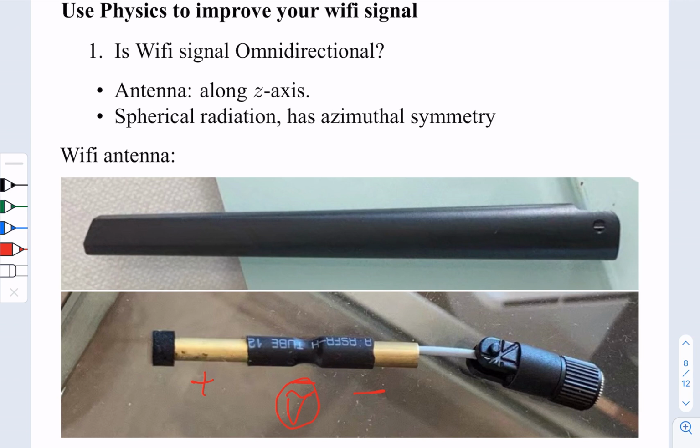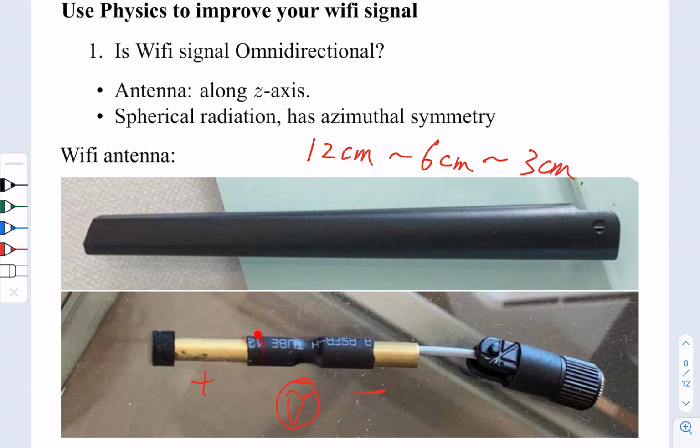So now this is not a perfect dipole, in the sense that the length of each metal is one quarter of your Wi-Fi wavelength. For 2.5 gigahertz Wi-Fi, the wavelength is about 12 centimeters, so both combined give about 6 centimeters, and each of them gives about 3 centimeters.